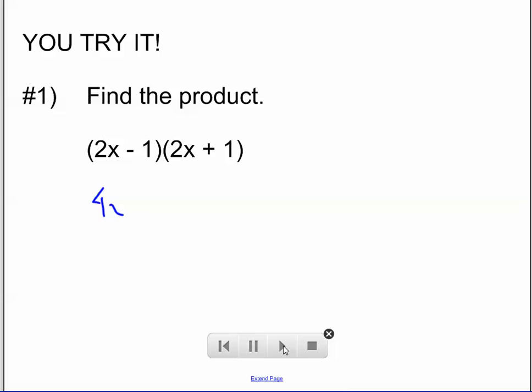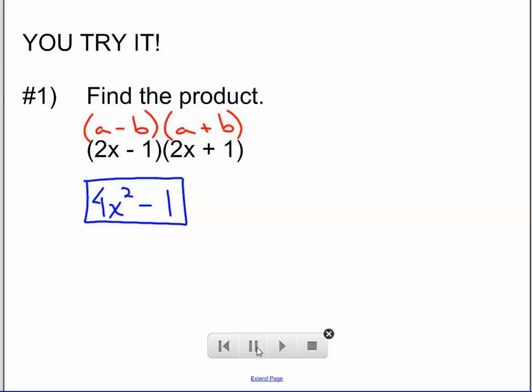Okay, since you're all done, this is the sum and difference pattern. So our work should be that quick. It should just be a squared minus b squared. We've got the same term leading off each of these binomials, 2x, 2x. And then we've got opposites at the end of the two binomials, negative 1 and positive 1.